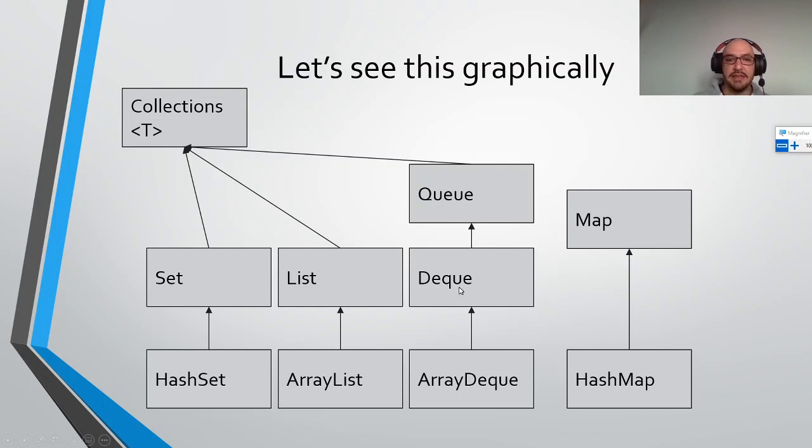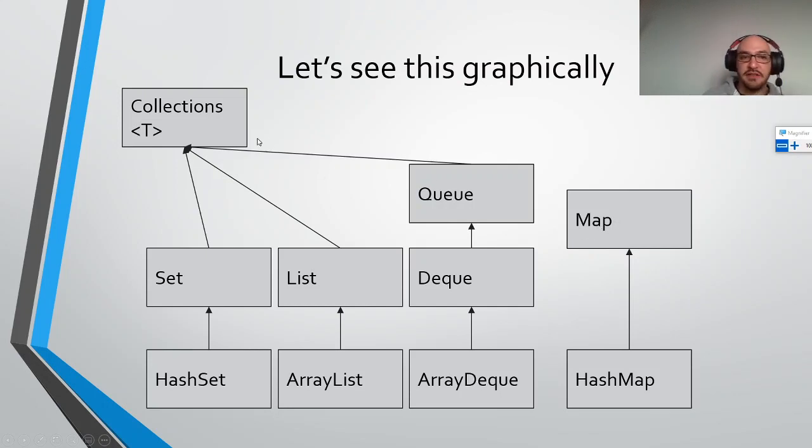In this case, I have the deque that is part of the queue, and then I have concrete implementations: hash set, array list, and array deque. We are somewhat familiar with these already, but we'll use them in the following videos to see what their particularities are.